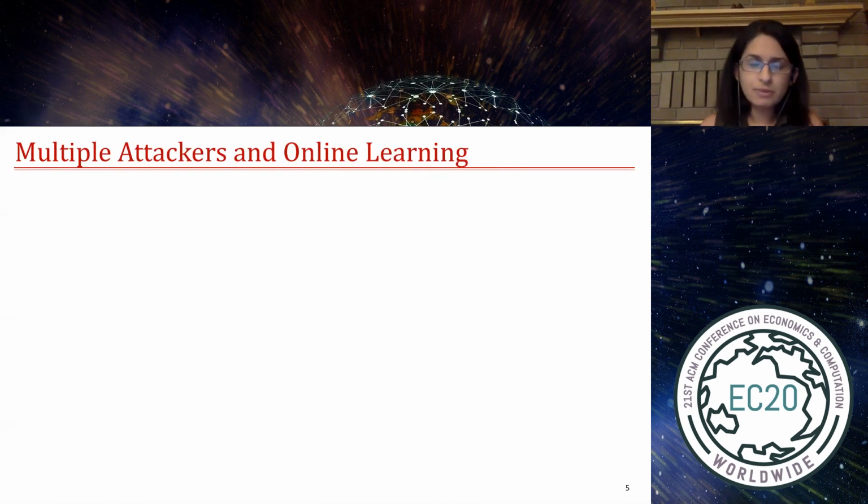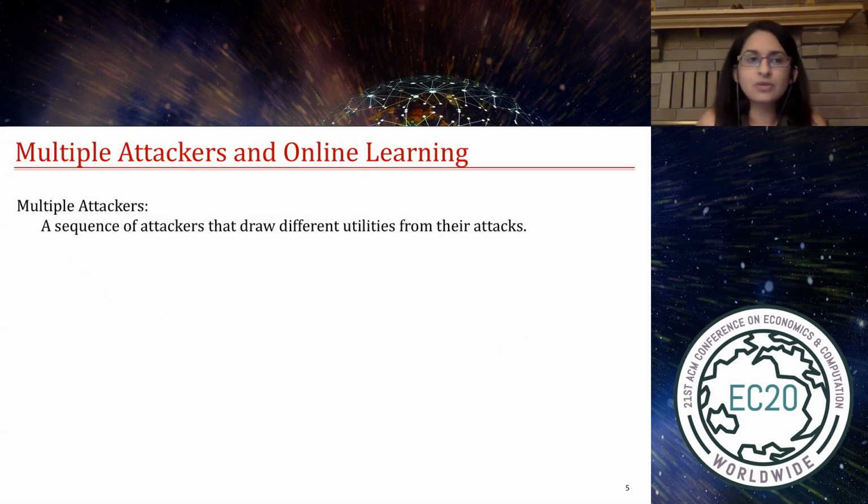Repeated Stackelberg games, in this space, means that you have multiple different types of attackers, and you're dealing with a sequence of attackers, each of which has its own type of utility. You can think about it as poachers who already have their hands in ivory markets, so they can draw a lot more money from attacking elephants, versus poachers who are mostly after the meat of wild animals, and might prefer to attack gorillas even more.